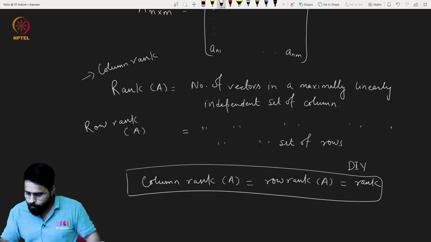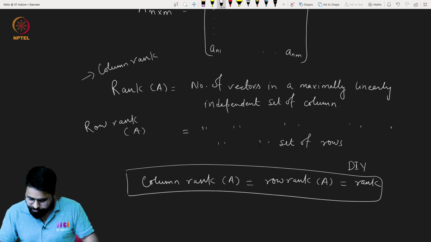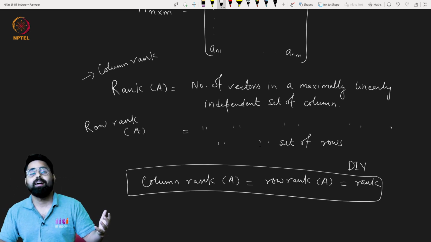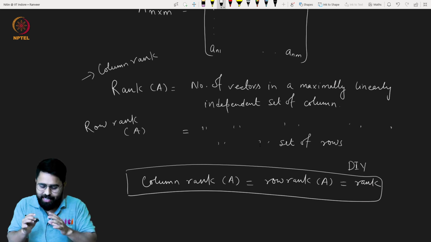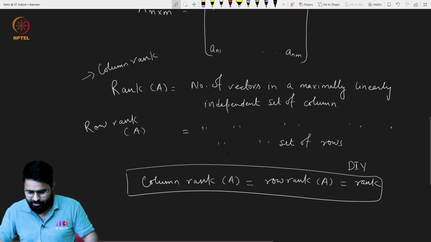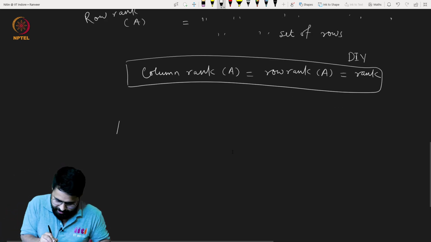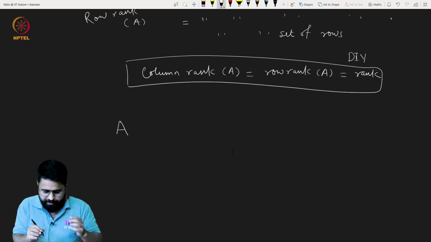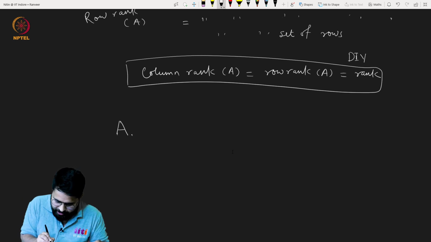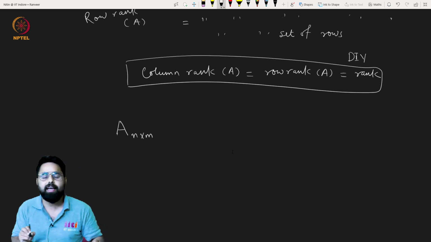Okay, now let us move to the relation between various linear combinations associated with a matrix. Let me take the same matrix again. No need to actually expand this matrix. Suppose this is again an m cross n matrix.